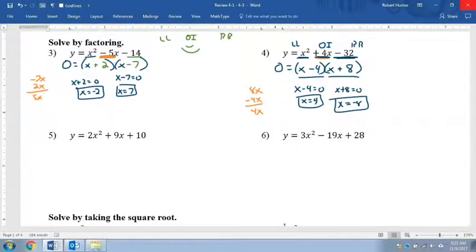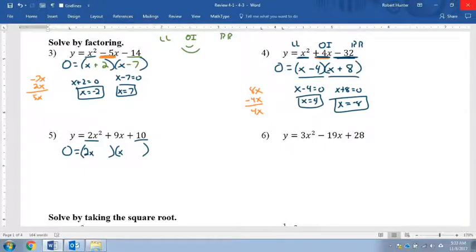Cool. Number 5, a little more complicated because you got an a value, but same rules apply. So I'll put a 0 in for y because we're solving for when y is 0. Two things that multiply to the left, well, x and x, but it's 2 times 1, so 2x and x. Two things that multiply to 10, well, it's 10 times 1, 5 times 2.